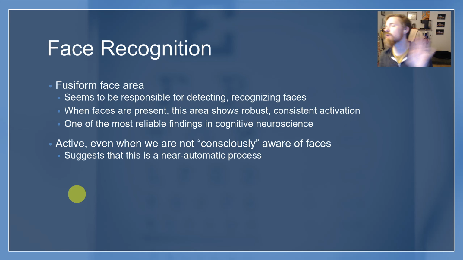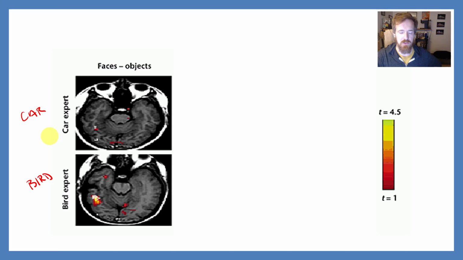So the image that I'm going to show you here, that's what they're doing. They're subtracting faces from objects for car experts on this row, and for bird experts on this row. I know this is a lot of table setting, but I think it's really cool if you can interpret these figures along with me.